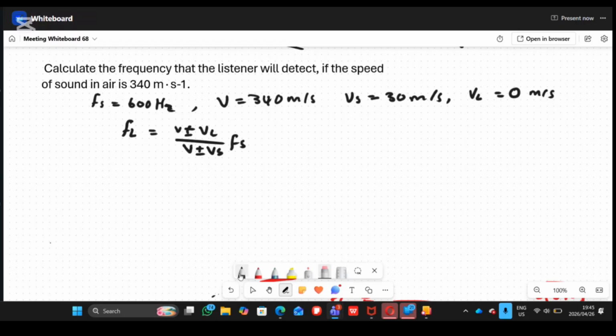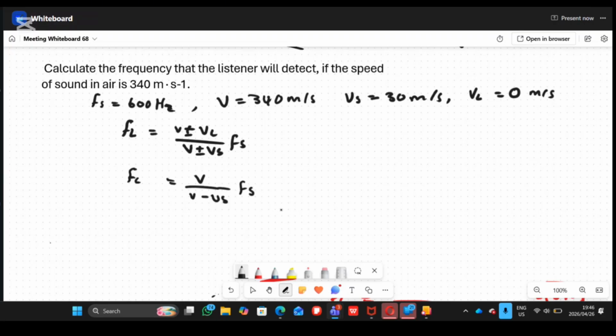So remember again, we're looking for the frequency of the listener, and the sound source is moving towards a stationary listener, or stationary observer. So for a stationary observer, we're going to have V over (V minus Vs), times Fs.